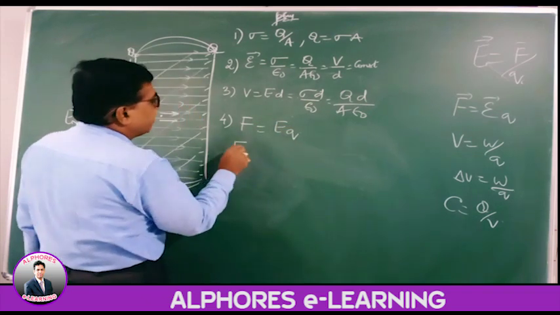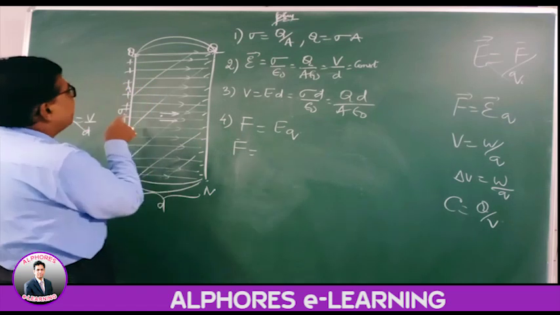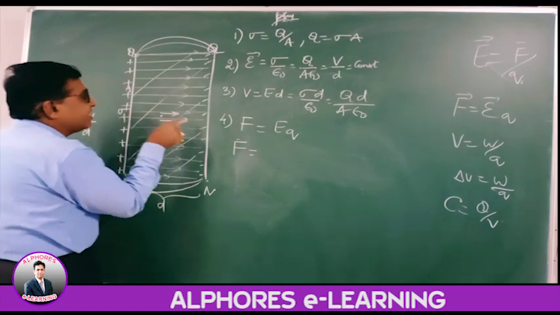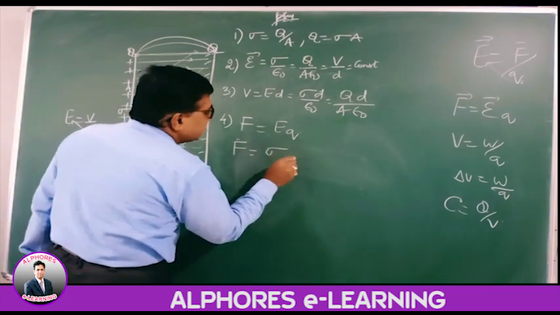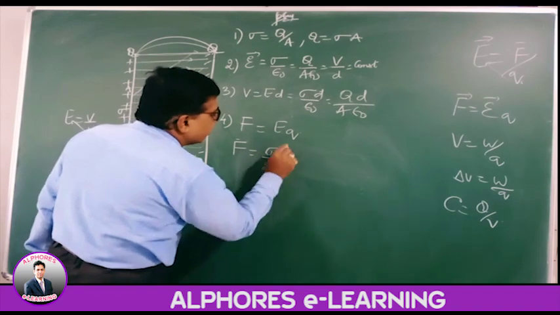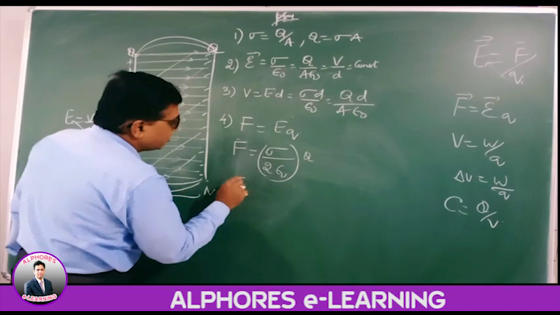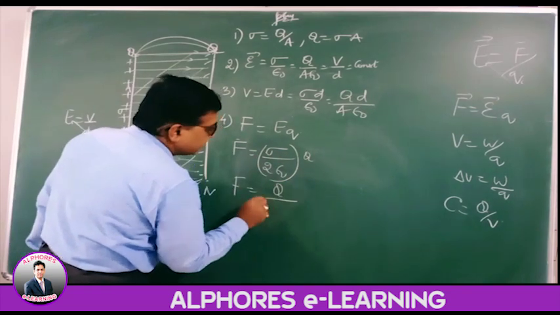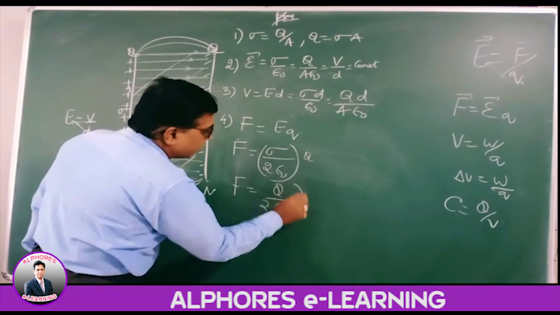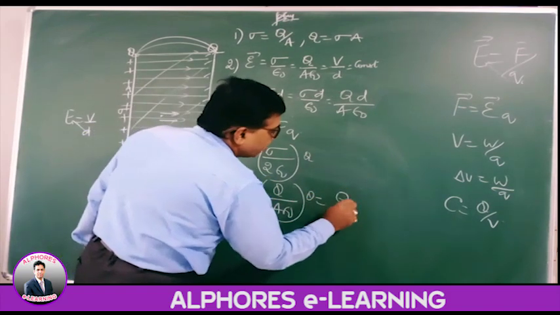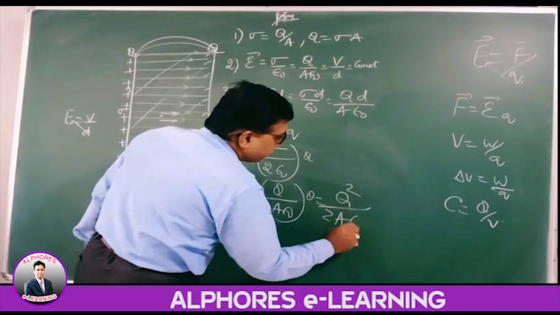So the force of attraction between them: the electric field due to each plate is sigma by 2 epsilon naught, into the charge on the other plate, Q. So force F is equal to Q by 2A epsilon naught into Q, which is Q square by 2A epsilon naught.